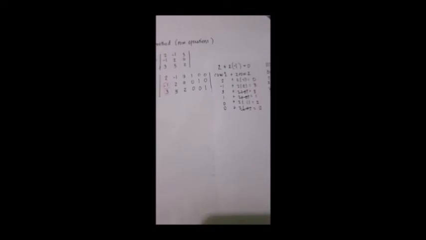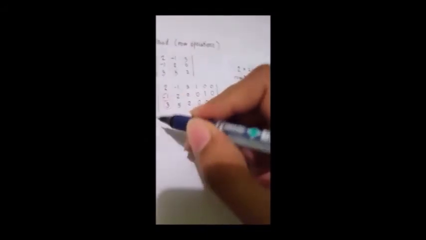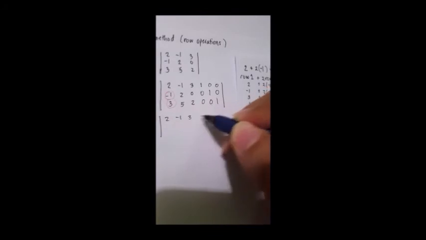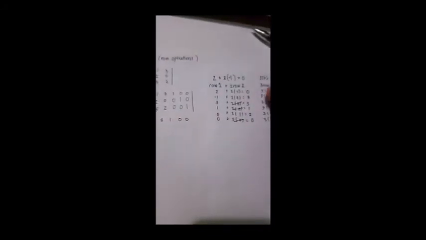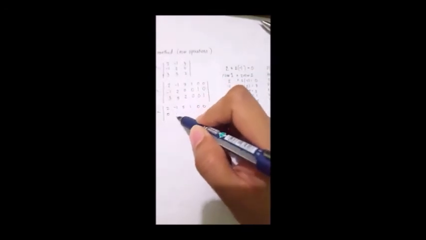Okay, so, rewriting that, pwede ko nang isulat. So, row 1 is unaffected. So, pwede kong kopyahin lahat ng members ng row 1. 1, 0, 0. Then, papalitan ko na yung row 2 with these values. So, I now have 0, 3, 3, 1, 2, 0.